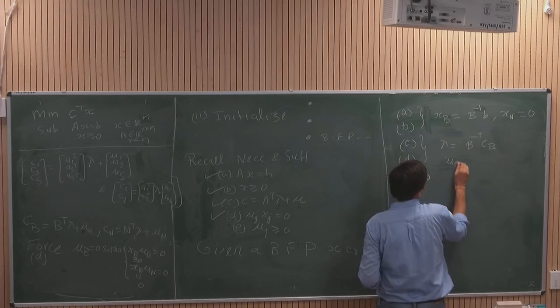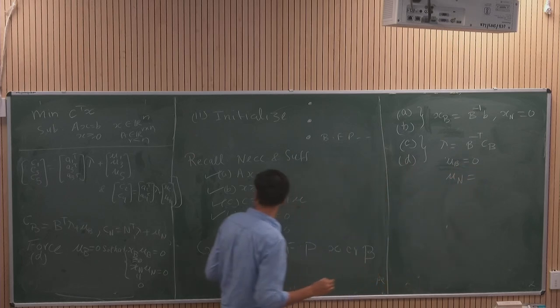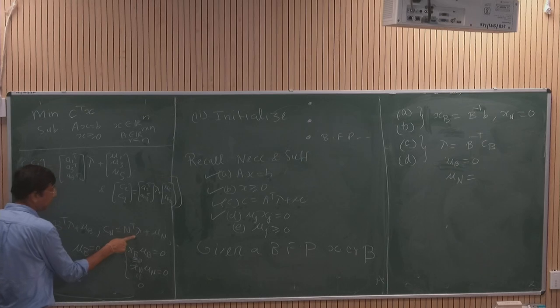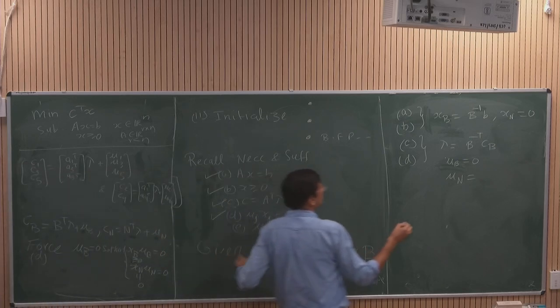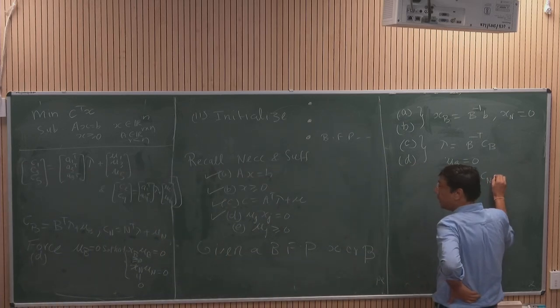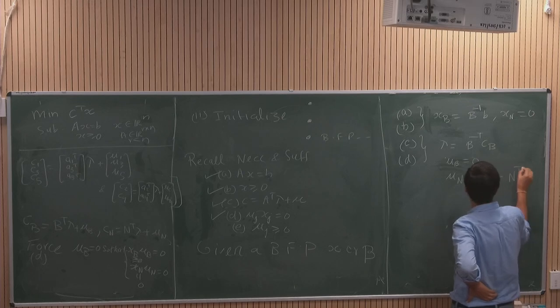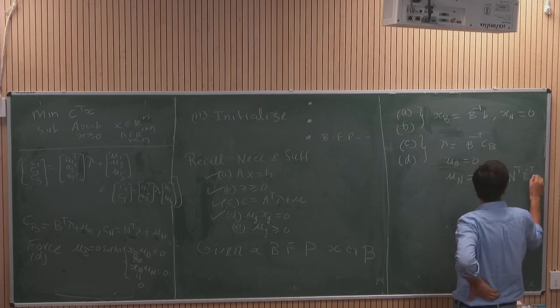This we had already forced, so we're not changing. Now we need mu N. Mu N, if we put lambda here, which we have got, we'll get the mu N from this equation. Yes or no? So mu N is CN minus N transpose lambda, which is B minus transpose CB.